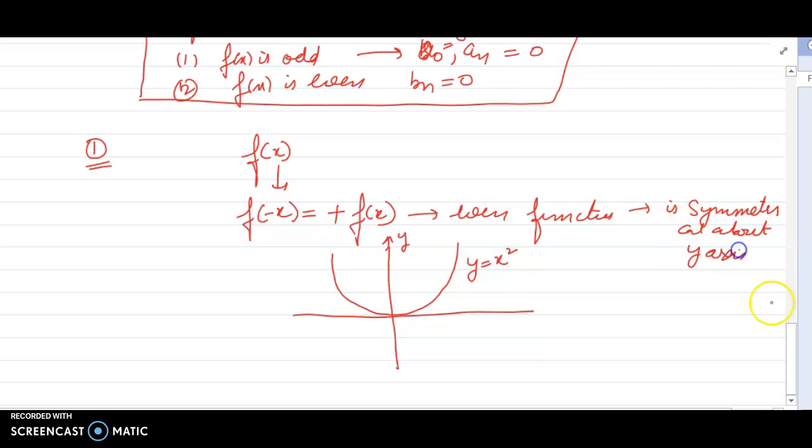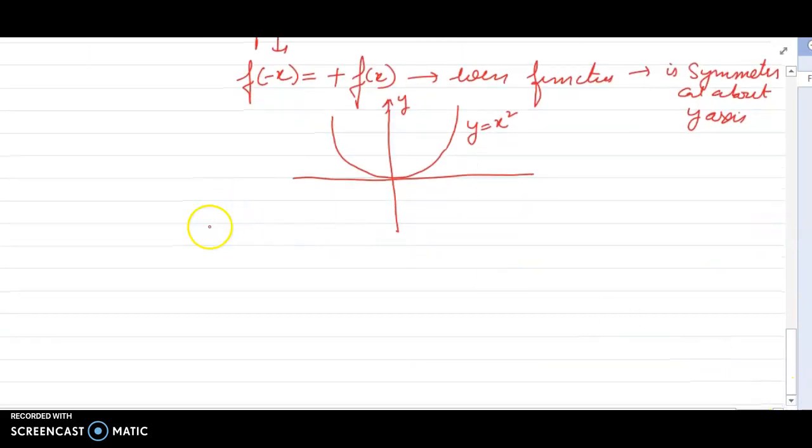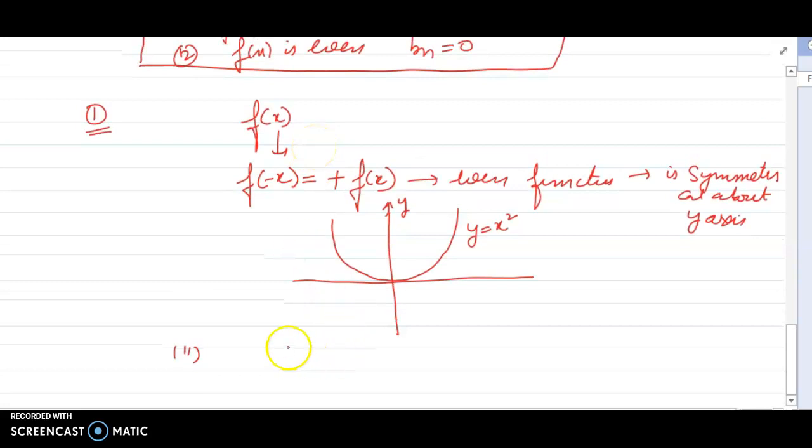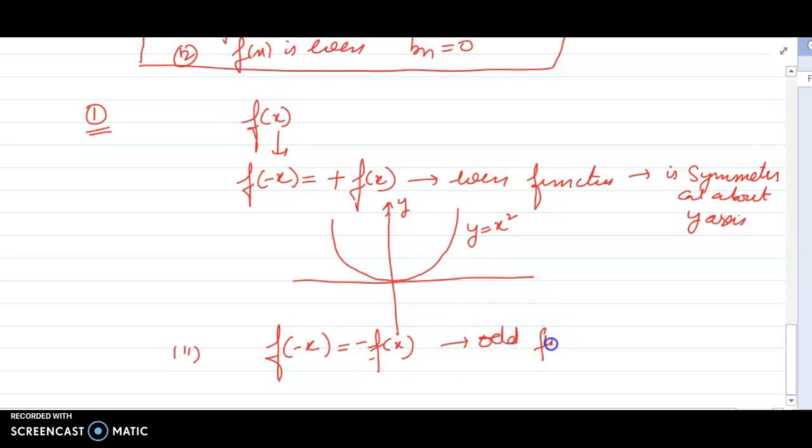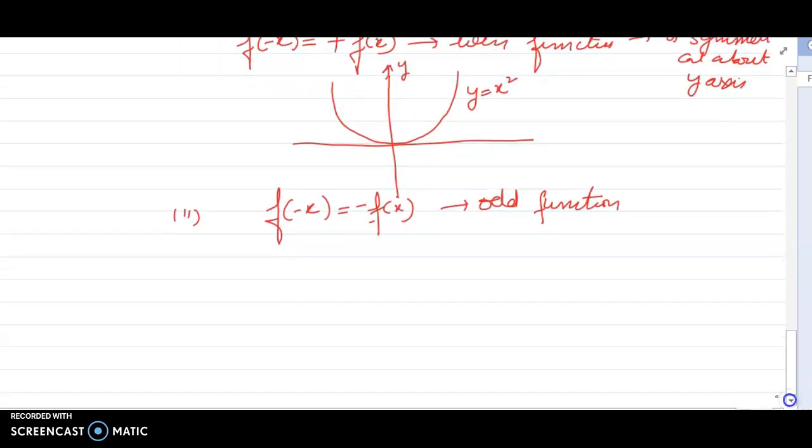Similarly, for odd function, on replacing x by minus x, your result should be minus f of x. Then we say function is odd function. Or if graphically you check, odd function should be symmetrical about origin.